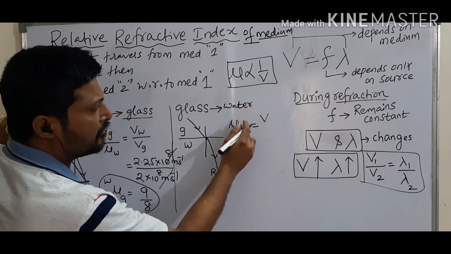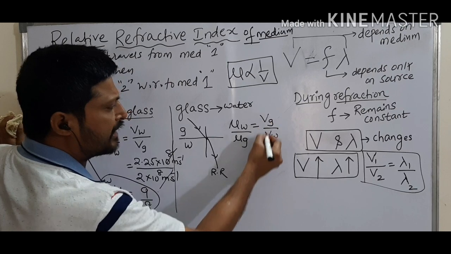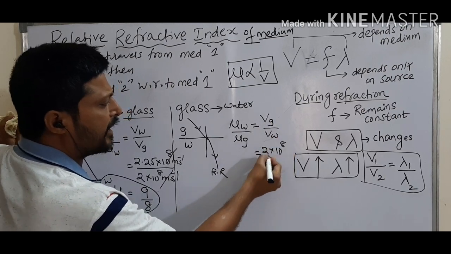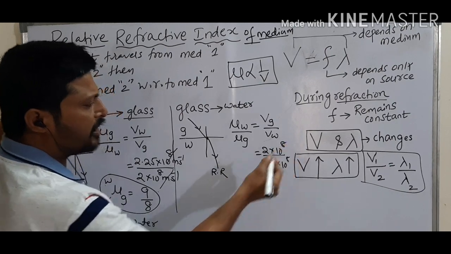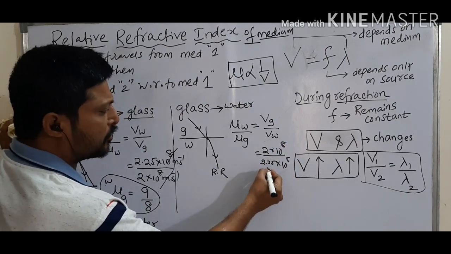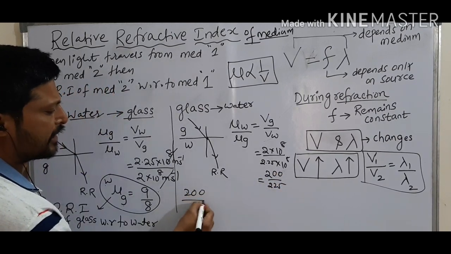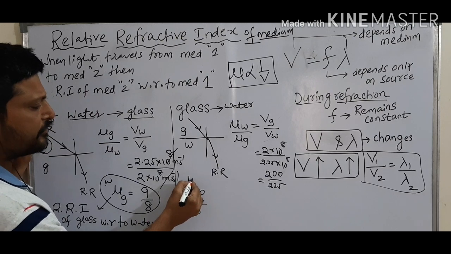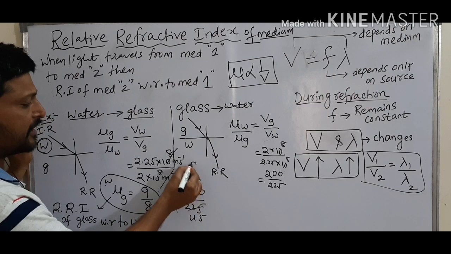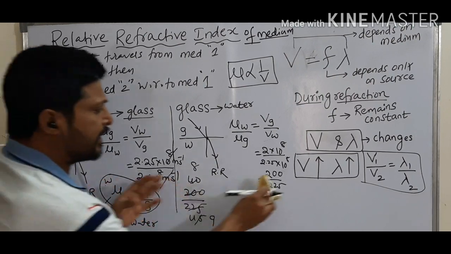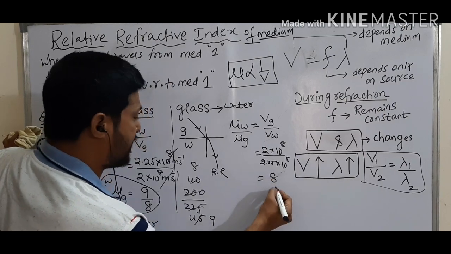So speed of light in glass is 2 into 10 to the power of 8 meter per second, and in water 2.25 into 10 to the power of 8. So this is equal to 200 by 225. Solving 200 by 225, dividing by 5 repeatedly, we can write 8 by 9.